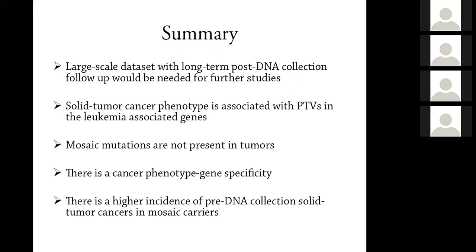So basically, all the truncating mutations are associated with the cancer phenotype. The other thing is the clearly observed association of the same genes that are responsible for leukemia with the solid cancer phenotypes, and interesting novel mutations actually found in the tumor.